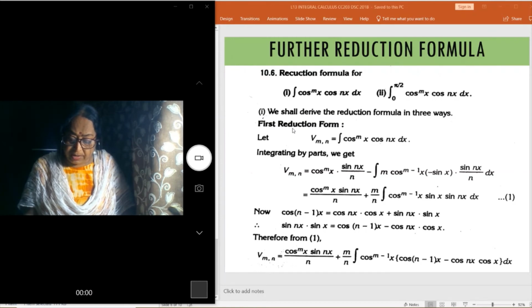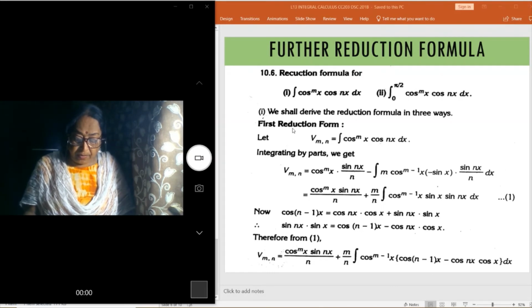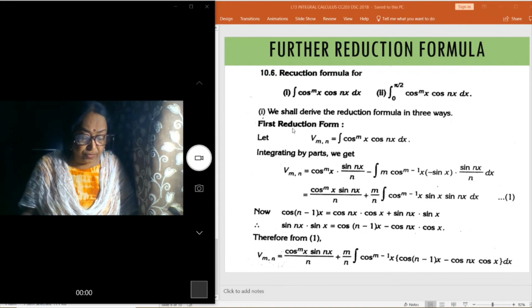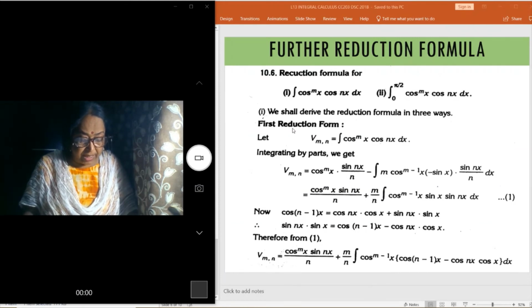Now cos of a minus b x, cos a into cos b plus sin a into sin b. This way we get the value of sin x and sin nx, and after applying this, putting these values, we get ultimately I m n is equal to m by m plus n I m minus 1 comma n minus 1.